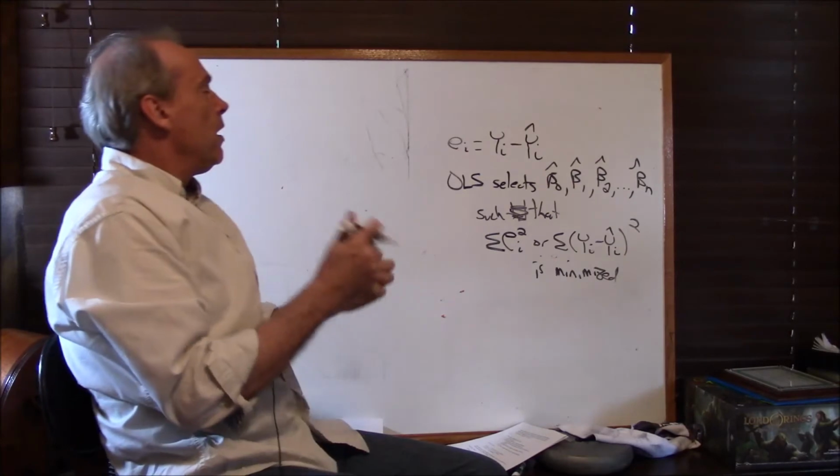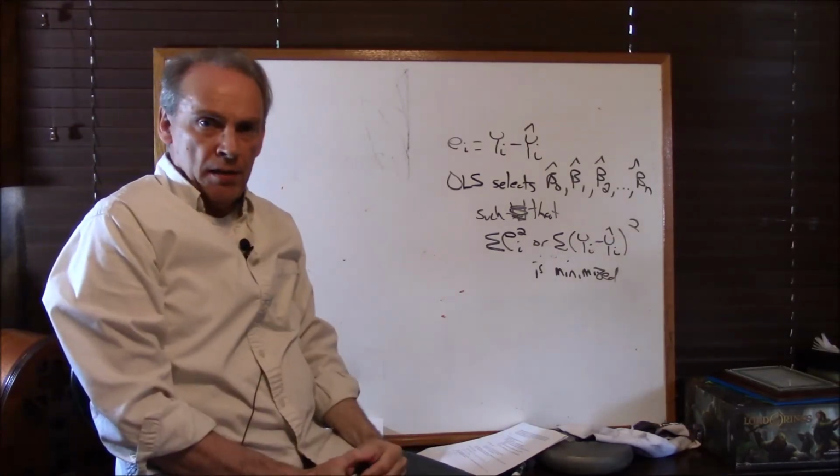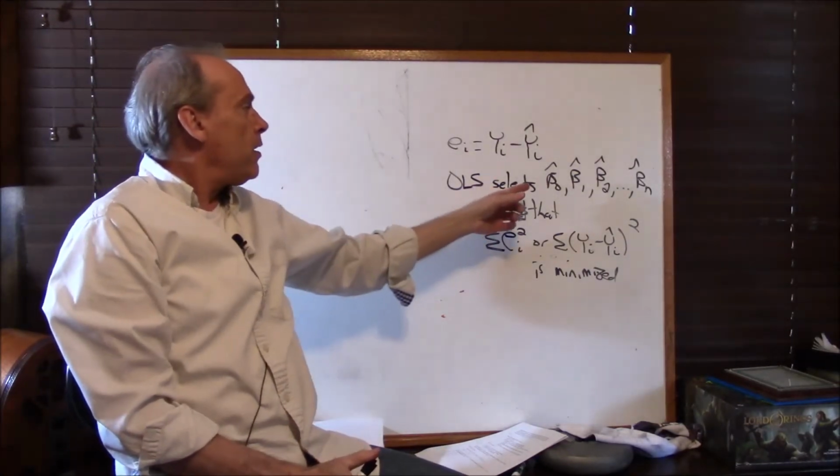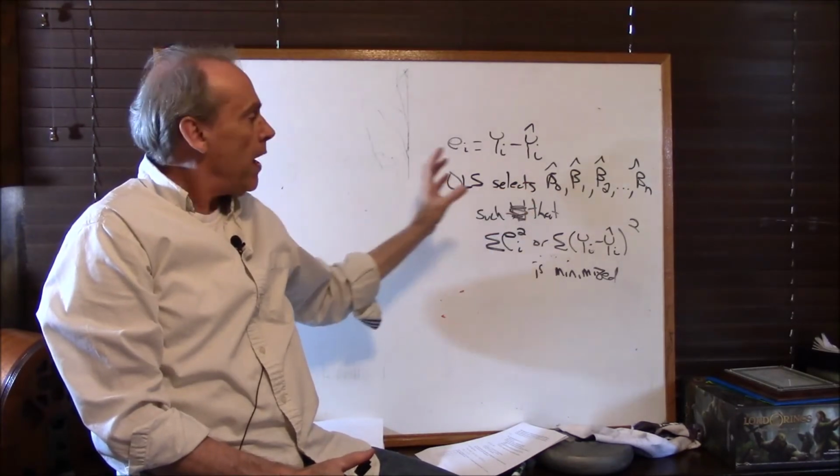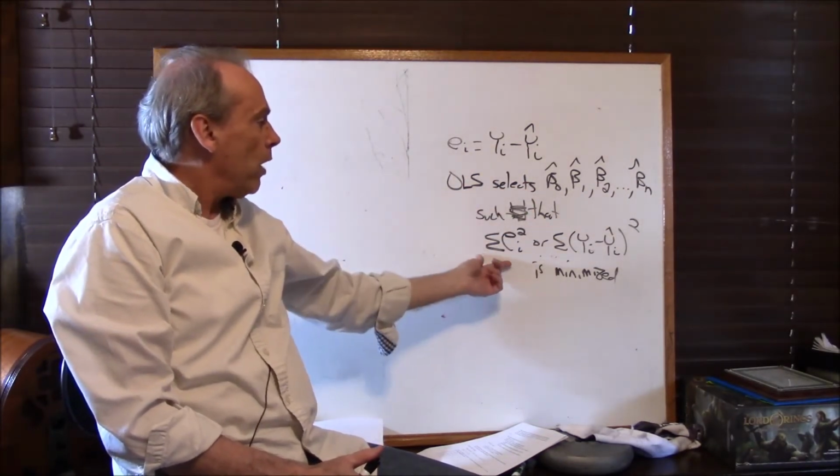All right. So what the regression technique does is it selects the betas that will minimize the sum of the squared residuals, all right?